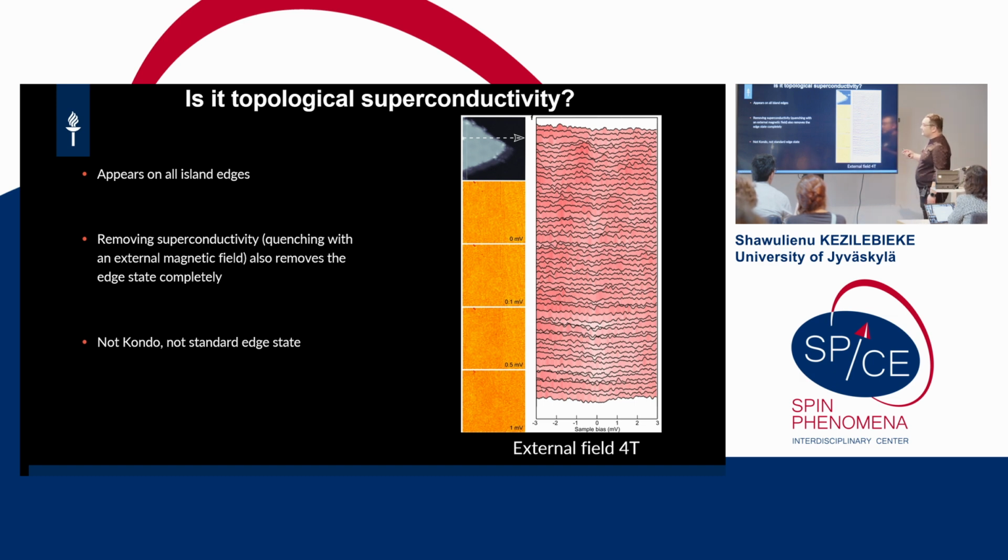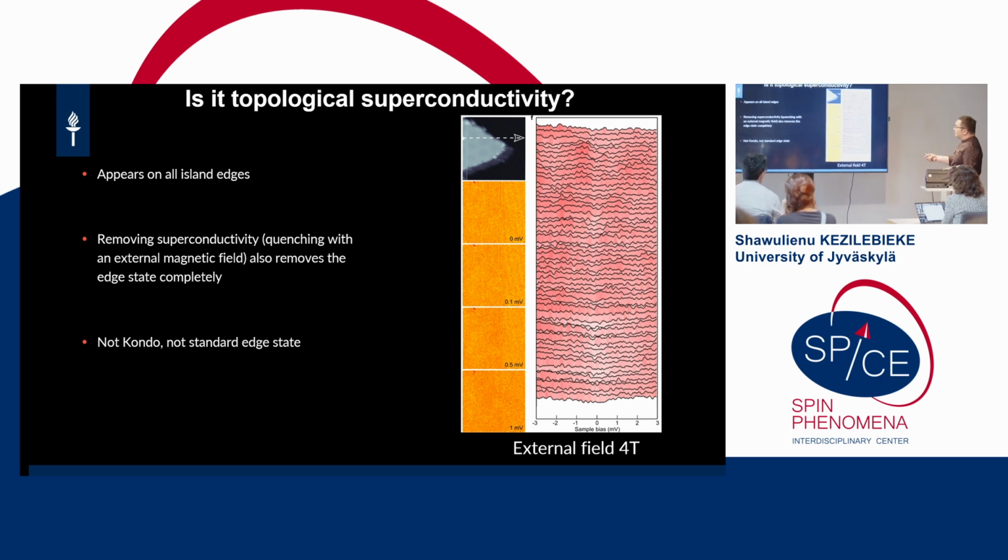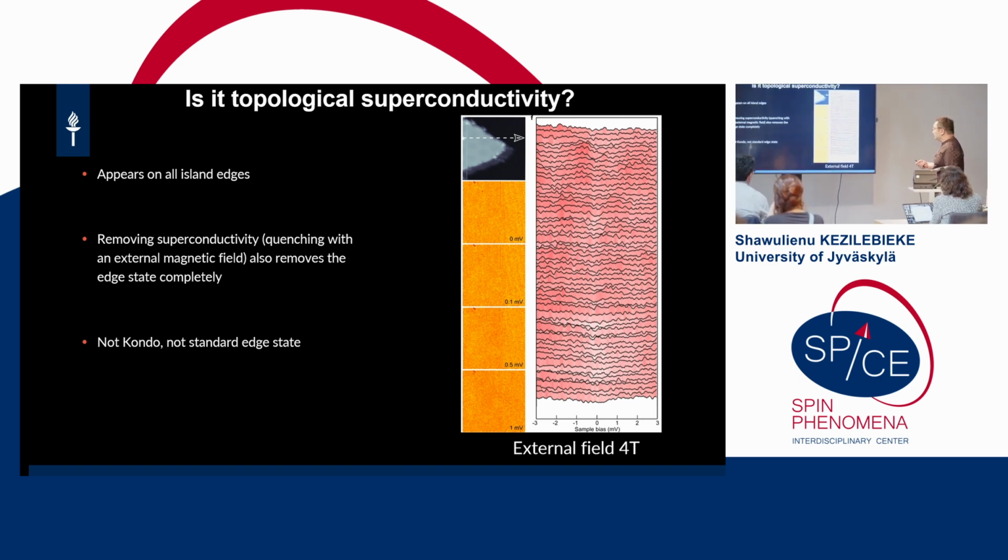So the states disappear when you remove the superconductor from the system. And okay, this tells you that this state is not like a standard edge state, which is not related to a superconductor, and it's also not related to the Kondo effect, which usually happens if you have some magnetic moments that couple to the electron bath, and that gives you this zero bias state in the system.